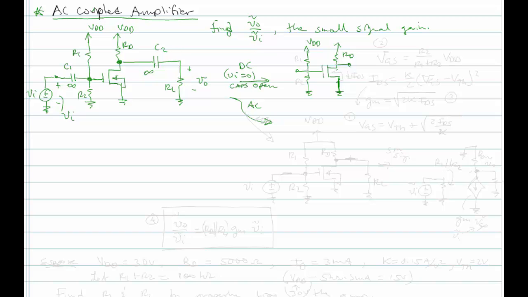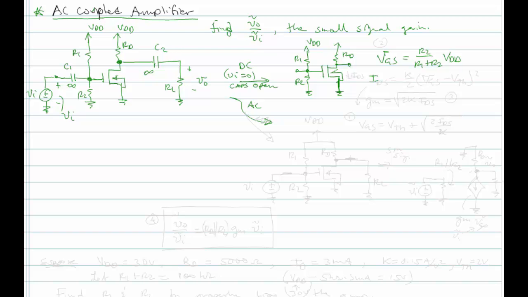So that means the amplifier does not see the load resistance because C2 is open under DC conditions, and the gate does not see VI because the C1 capacitance is open. So here we have VGS, big VGS here, is equal to R2 over R1 plus R2 times VDD.